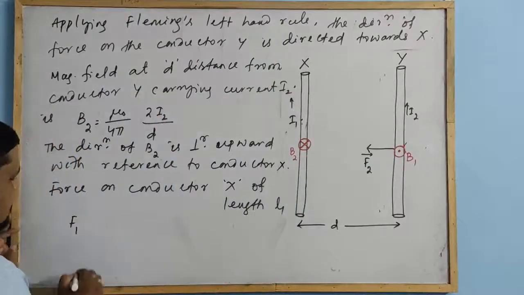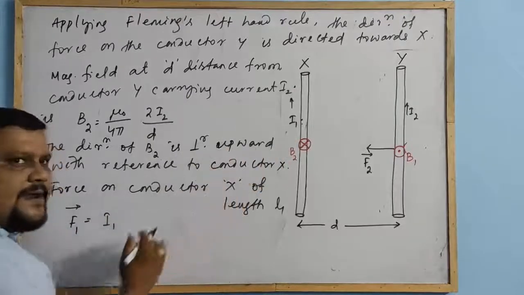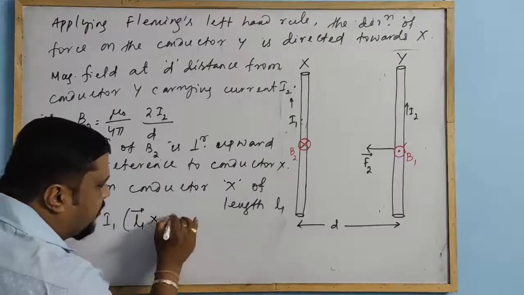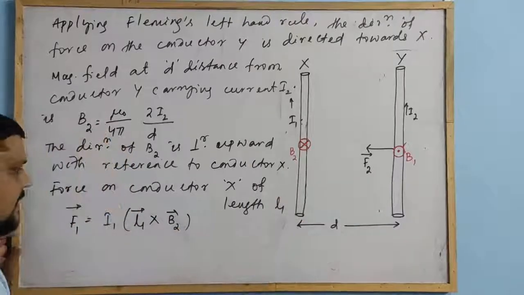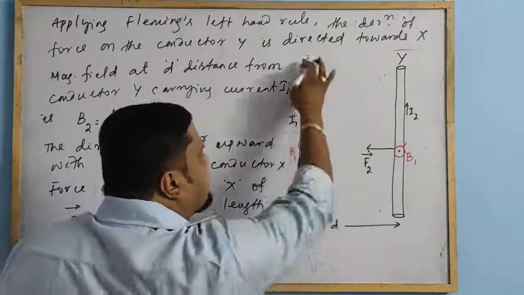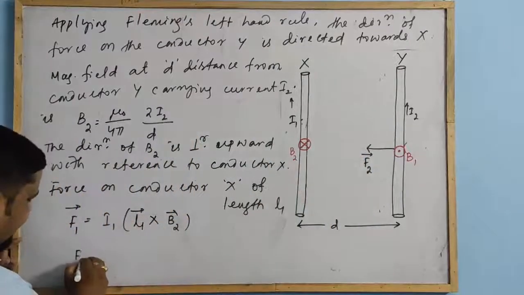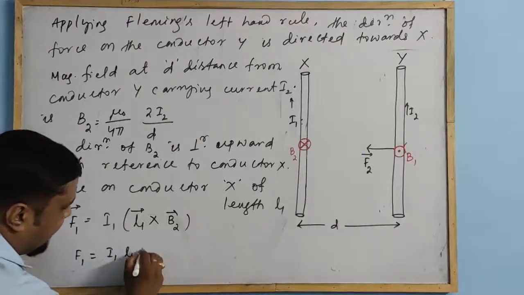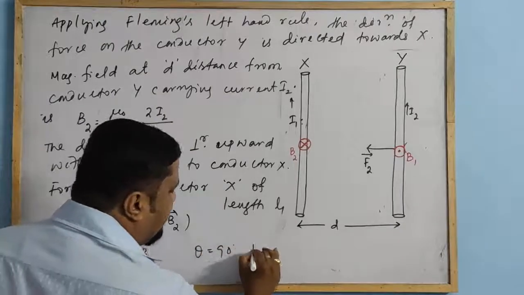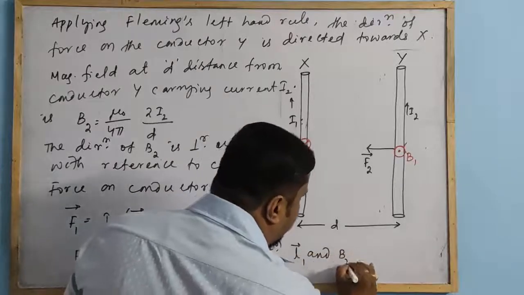F1 is equal to I1 L1 cross B2. L1 is on this plane, and the magnetic field is upward. They are perpendicular. So the magnitude of F1 is I1 L1 B2, with theta 90 degrees between L1 and B2.